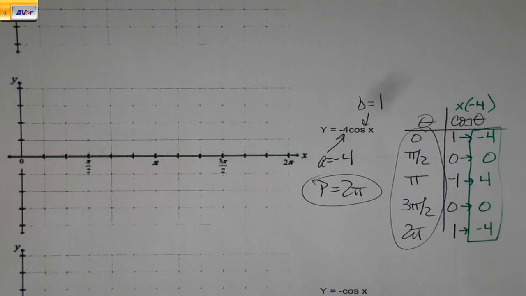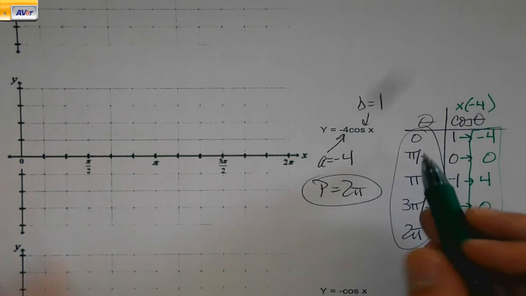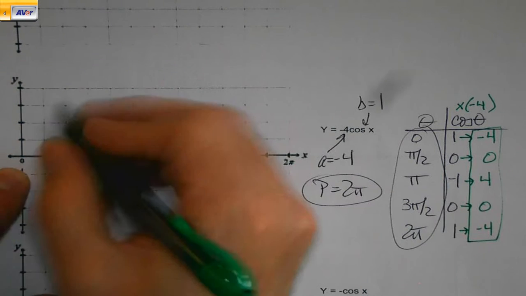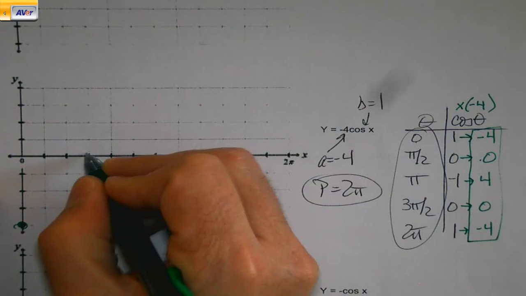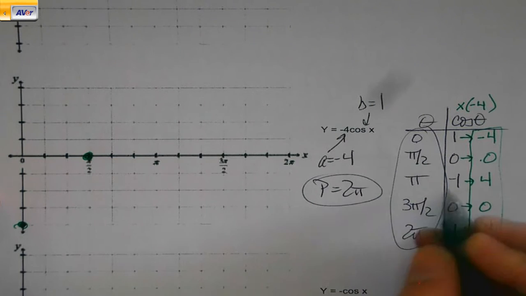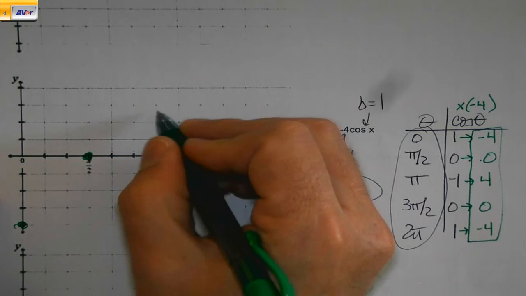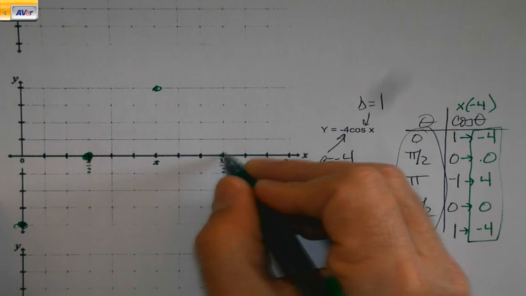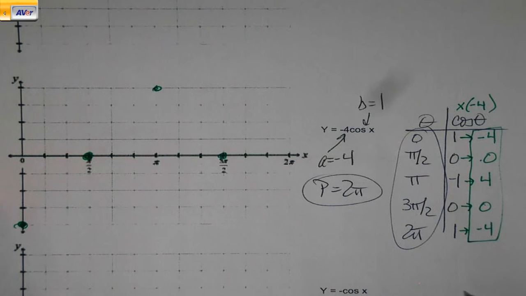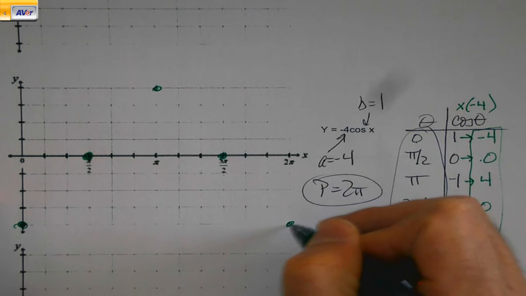And just that quick, I'm ready to go. So these are going to be my angle measures. So -4, pi over 2 is 0. Pi is going to be 4. Oops, almost went to 3. 3 pi over 2 is 0. And 2 pi is -4.